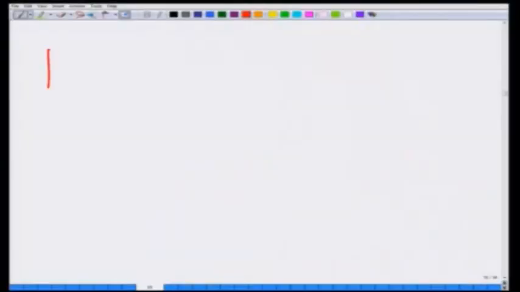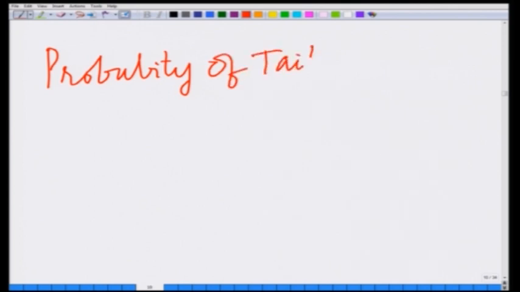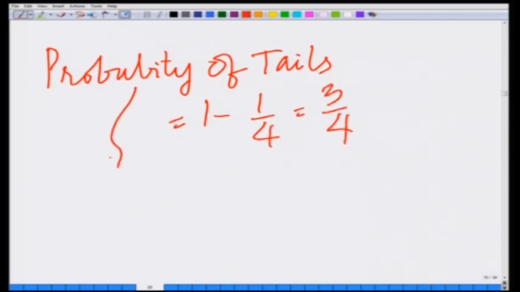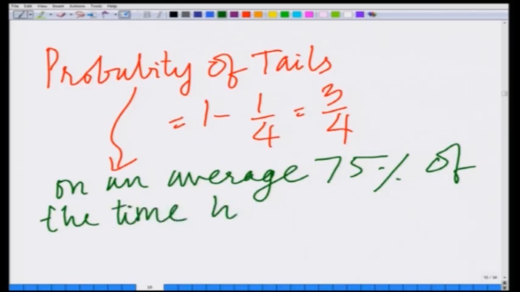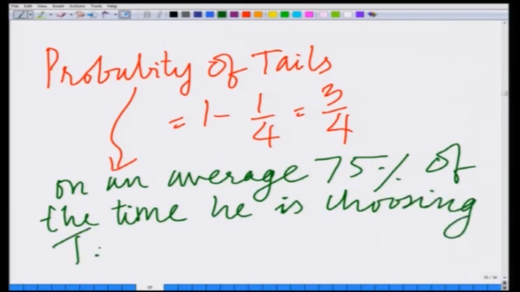That is, 1 minus 1/4 is equal to 3/4. Therefore, P equals 1/4 means about 25% of the time he is choosing heads and 75% of the time randomly he is choosing tails.